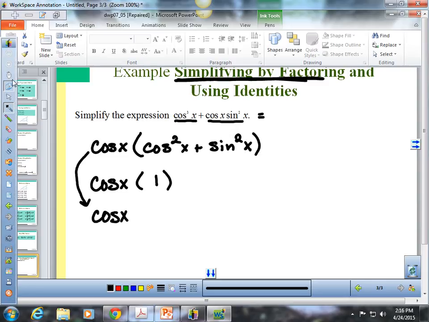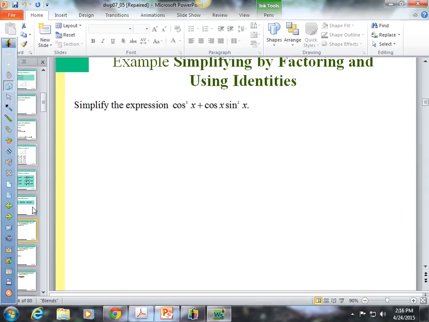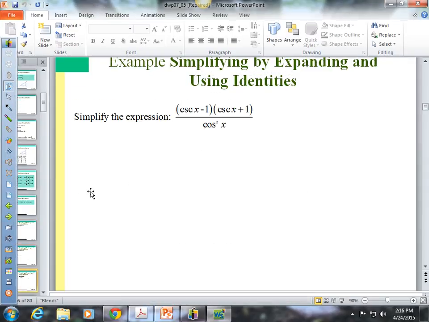Okay, let's see another one. How about this one? What is indicated for me to do on this one? FOIL. Does everybody see the FOIL here? What do parentheses mean? Multiplication.